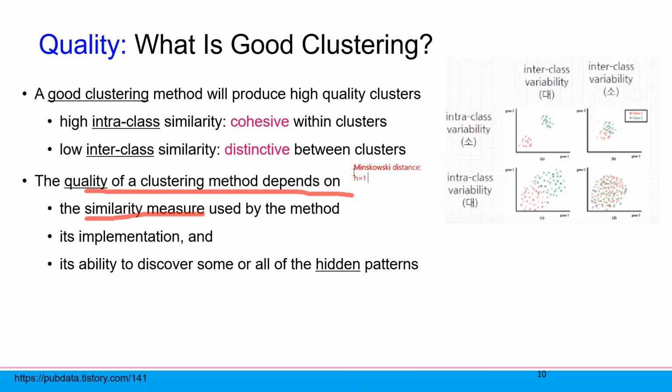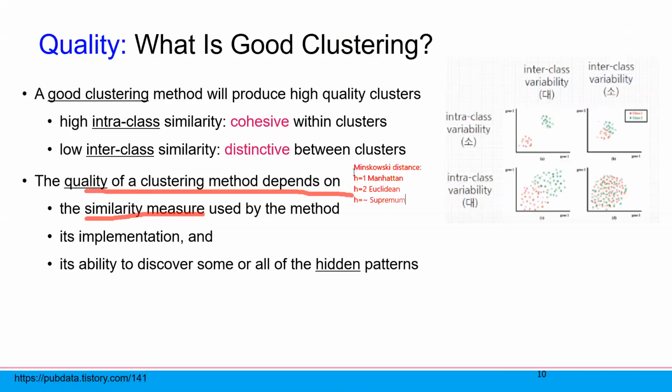When h equals 1, it is Manhattan distance. When h equals 2, it is Euclidean distance. When h equals infinity, it is supremum. Okay. So these are the basic similarity measures.